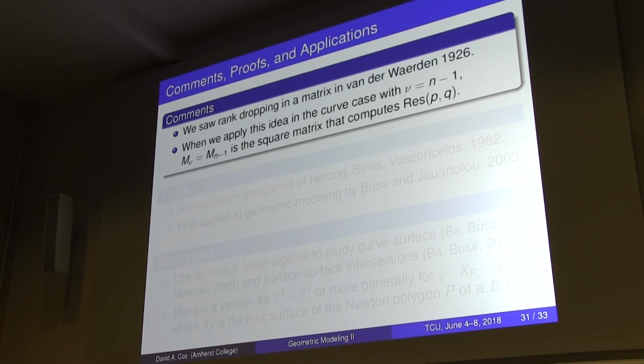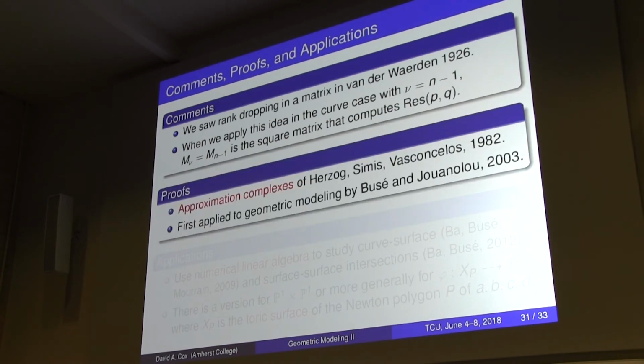Also, if I were to apply this idea in the curve case with my nu equal to n minus 1, then my matrix is exactly the square matrix we got in the curve case: the syzygies of a, b, c in degree n minus 1, and that square matrix computed the resultant, using the mu-basis. So we've had to abandon the resultant and the mu-basis, but we find that the matrix generalizes perfectly. Just that, in this case, it happened to be a square matrix. In our situation now, it's a rectangular matrix.